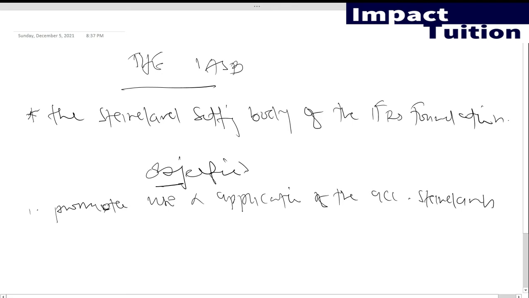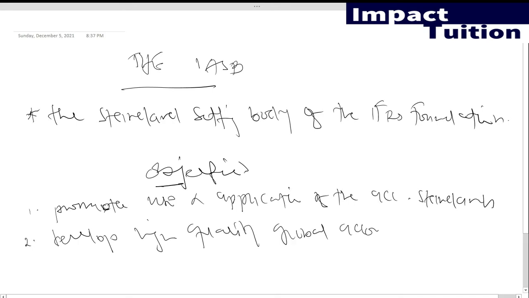That is one objective of the IASB. The next objective is to develop, in the public interest, a single set of high quality global accounting standards.